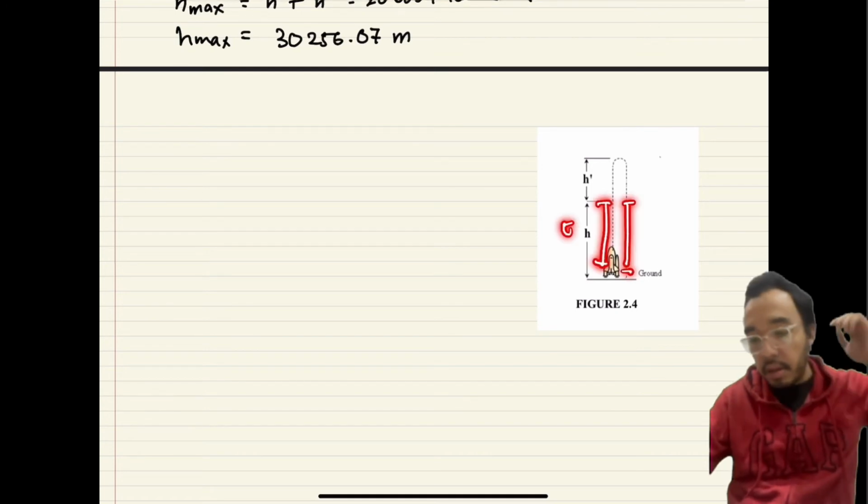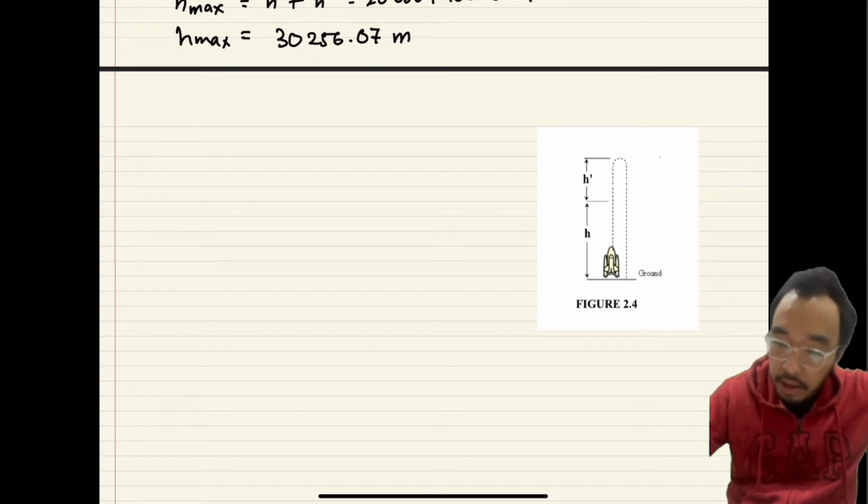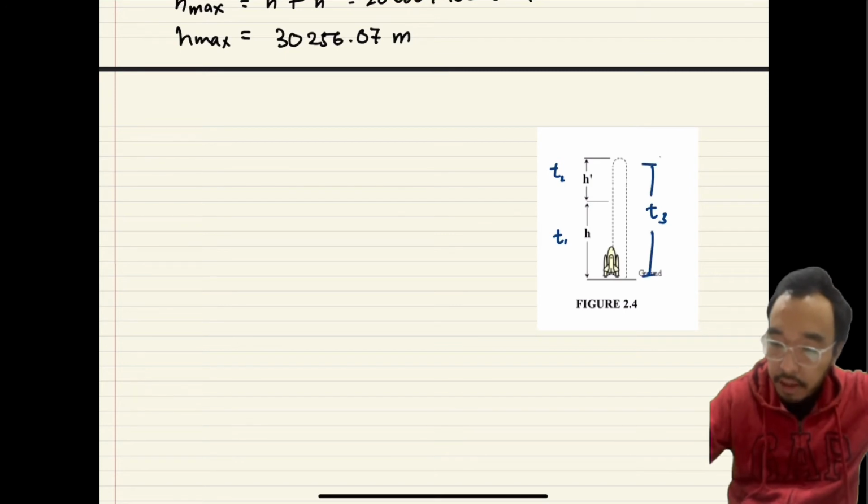I think this one requires a little bit more steps, so I'm going to stick with this: this is your T1, this is your T2, and this is your T3. So you're going to have 3 separate times.